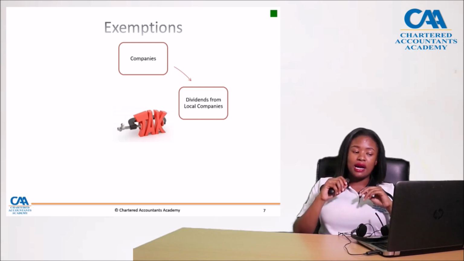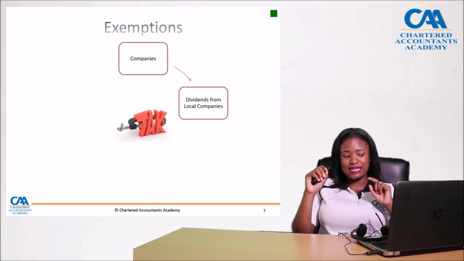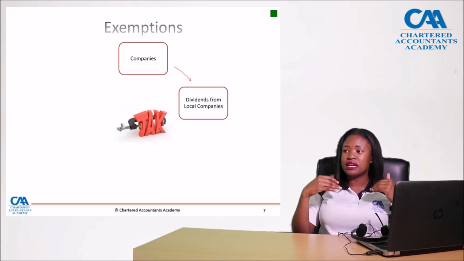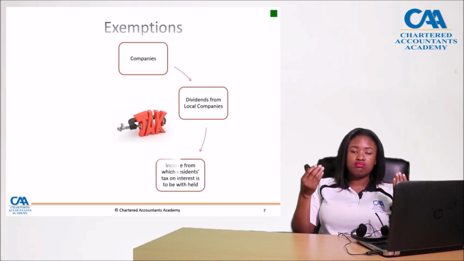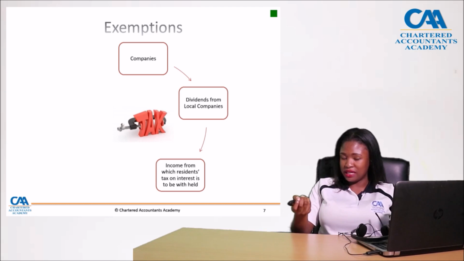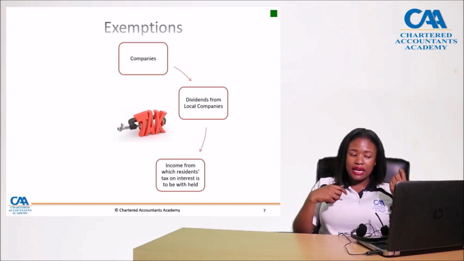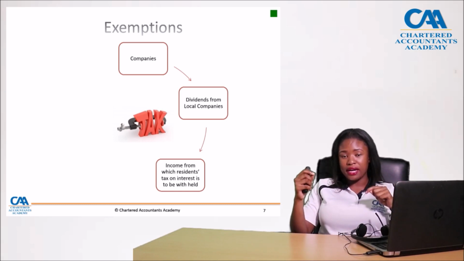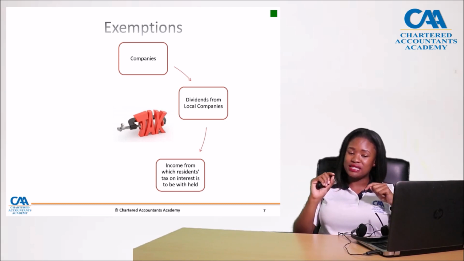There's also income from which residence tax has been withheld. You will find that there is certain income, for example, interest on a fixed deposit from First Capital Bank or something like that. If you get income from those, First Capital Bank is required to withhold a certain percentage.